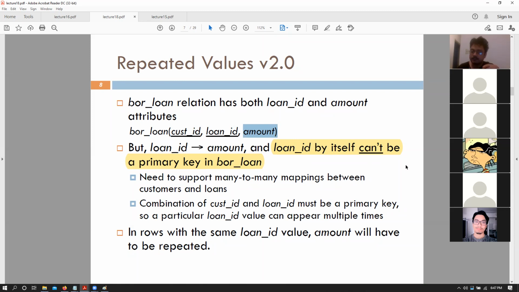Loan ID by itself can't be the primary key for borrowed loan. Customer ID and loan ID together need to be the primary key. And we also need to support the many-to-many mappings between customers and loans. The combination of customer and loan ID can be a primary key. That means that loan ID could appear multiple times. And if loan ID is a relationship that relates directly to amount, any changes we make to amount, we need to make it multiple times wherever that particular loan ID occurs.